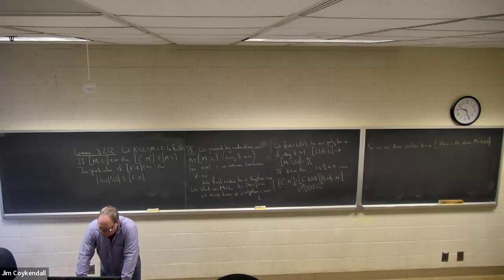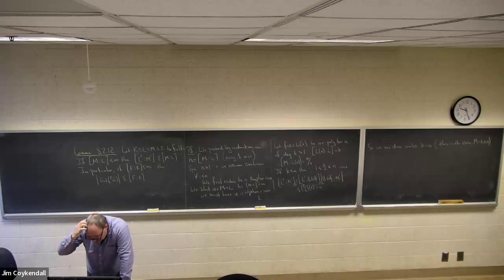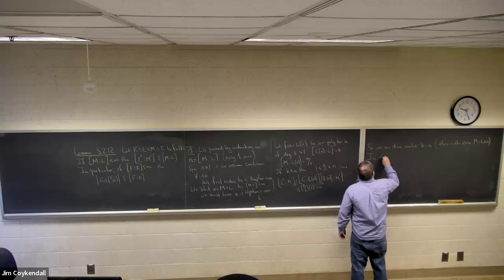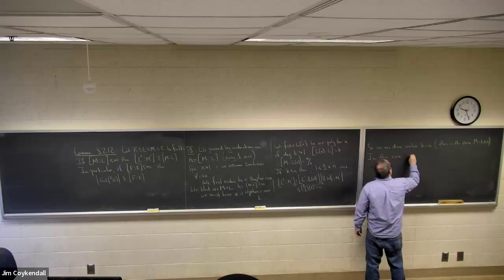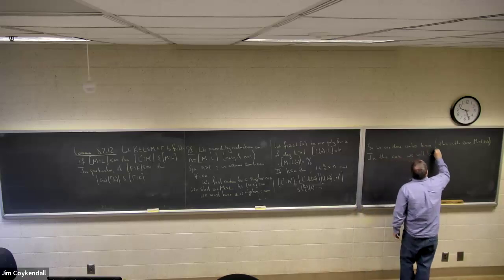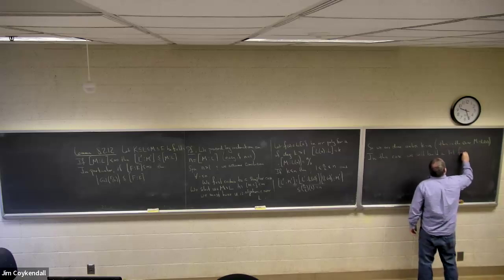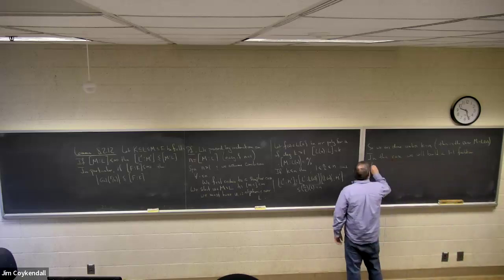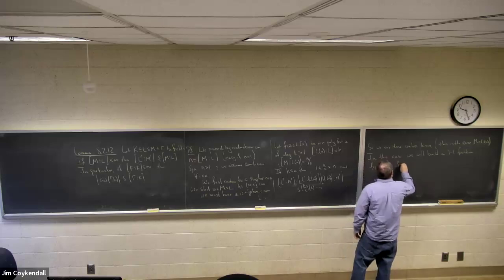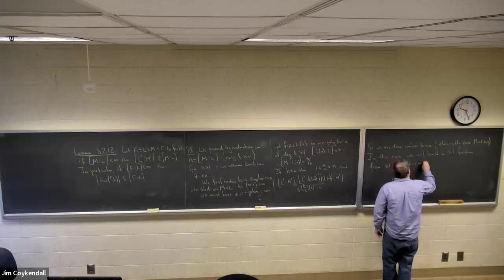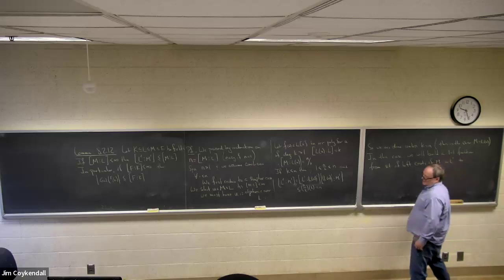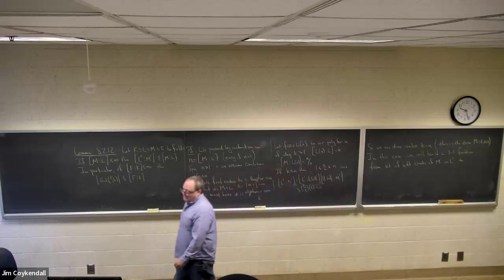What we're going to do is build a one-to-one map from the set of left cosets of M prime in L prime to the set of distinct roots of f in M. So, to outline this, in this case we can construct a one-to-one function from the set of left cosets of M prime in L prime to the set of distinct roots of f.